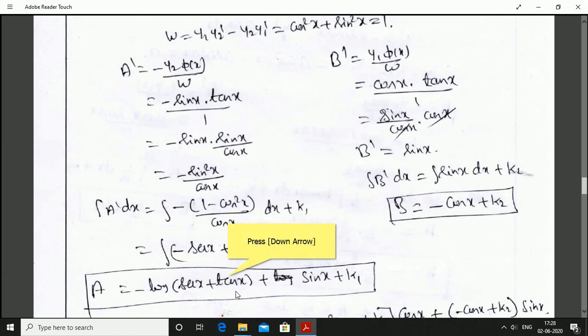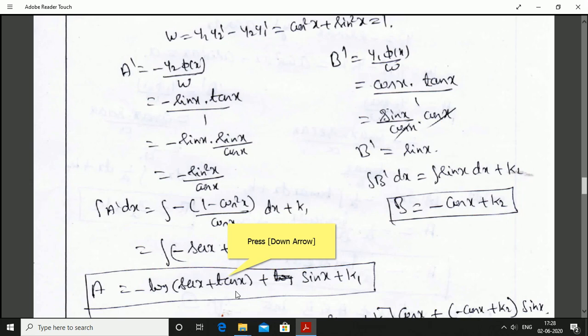On integration, minus 1 by cos x is minus secant x, minus into minus is plus, cos square x divided by cos x is cos x, into dx plus k1. Integration of minus secant x is minus logarithm of secant x plus tan x, plus integration of cos x is sin x, plus constant of integration k1.